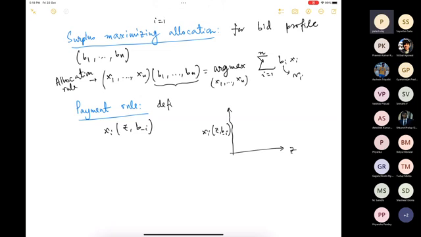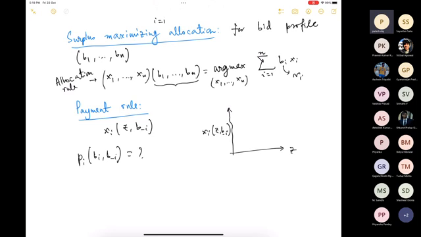Payment is also a function of B1 to Bn, and it has n components P1 to Pn. I am defining Pi of Bi, B_-i, for i in n.